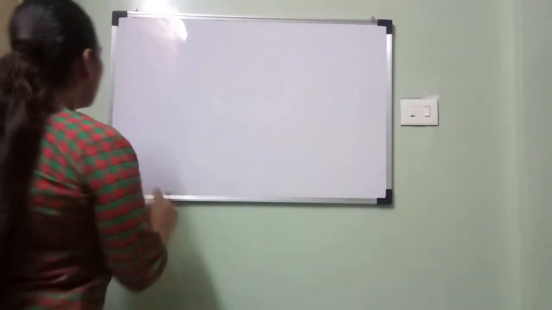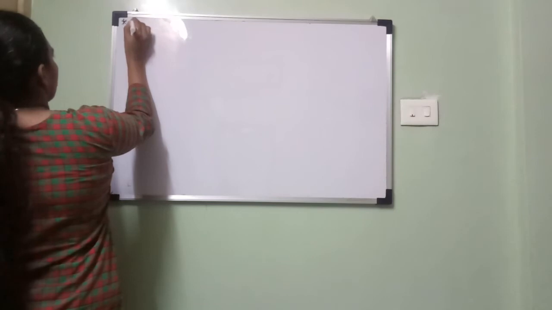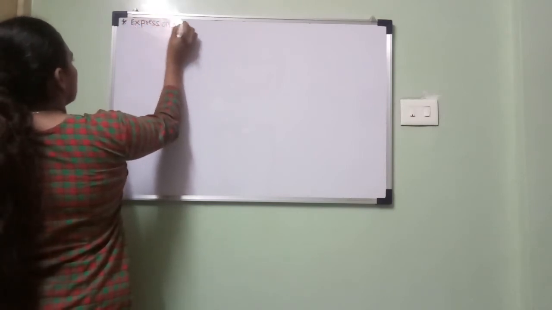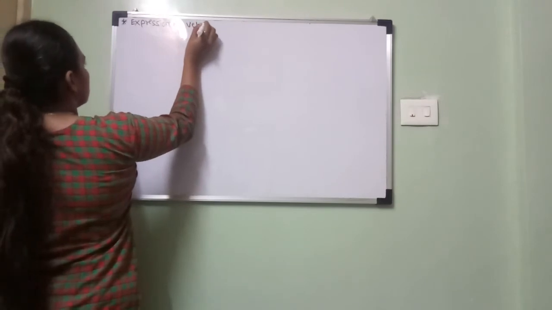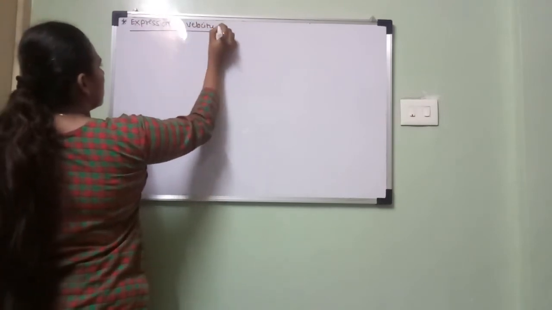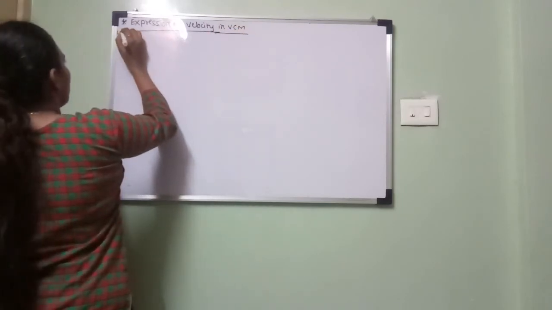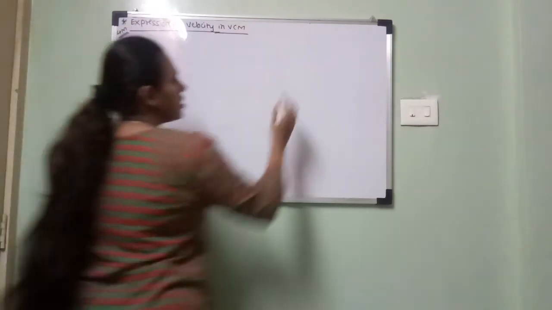We'll derive the next expression for velocity in VCM. Again this will come for 4 marks, right? See the figure of it.